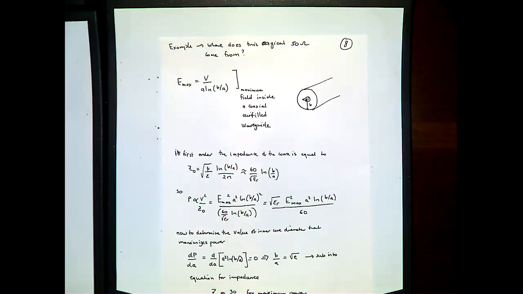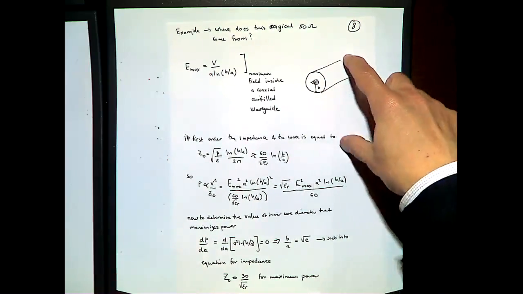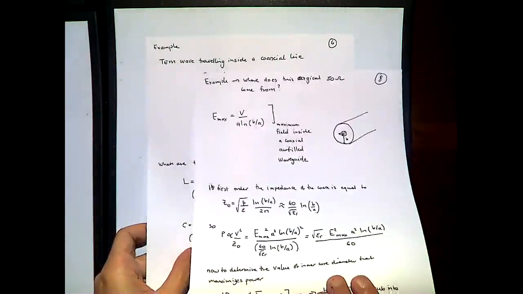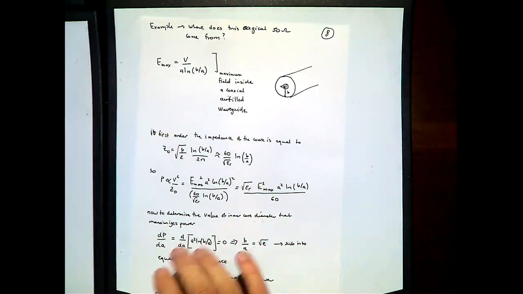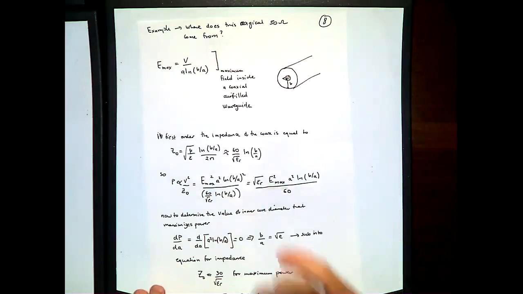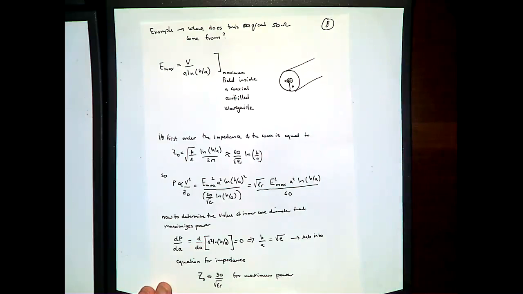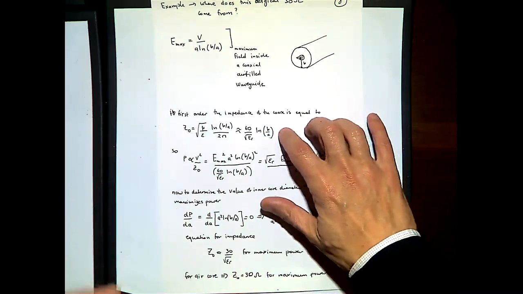Now, if we go through the analysis, we'd talked specifically about this coaxial cable, and if you remember, very briefly, I had derived for you the electric and magnetic fields. If we look at the maximum electric field for this particular coax, we can go through the process and work out the impedance.